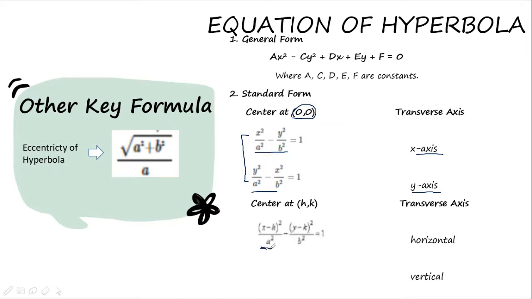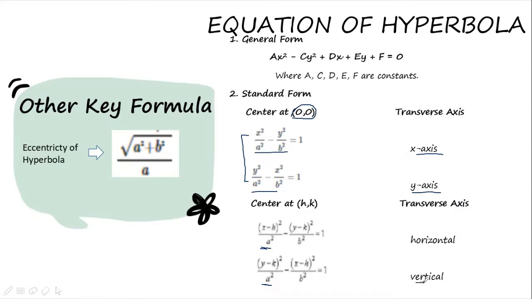We can use this equation if the transverse axis is horizontal. And the last equation is y minus k squared over a squared minus x minus h squared over b squared equals 1. We will use this if the transverse axis is vertical.